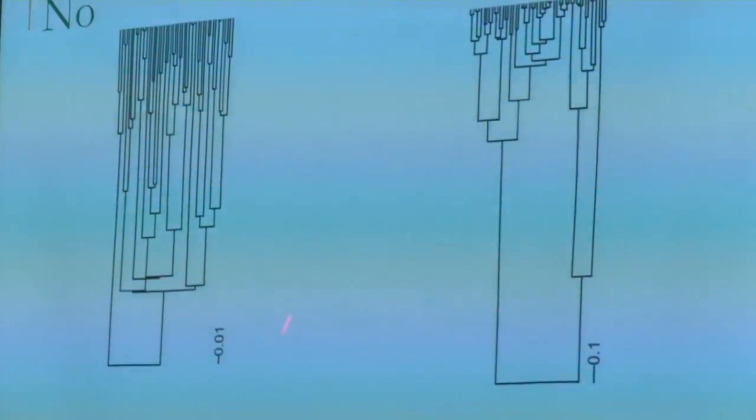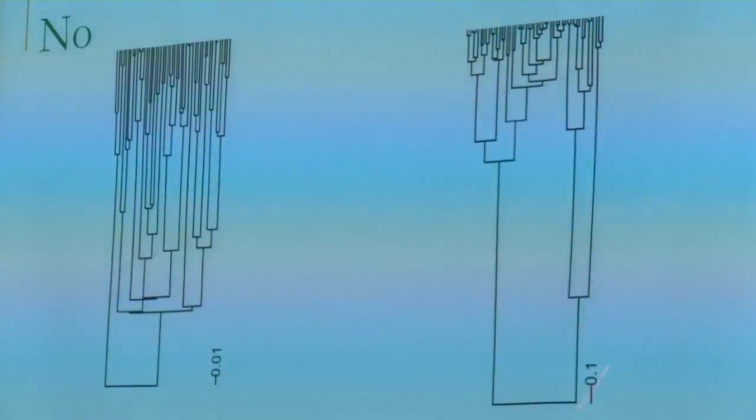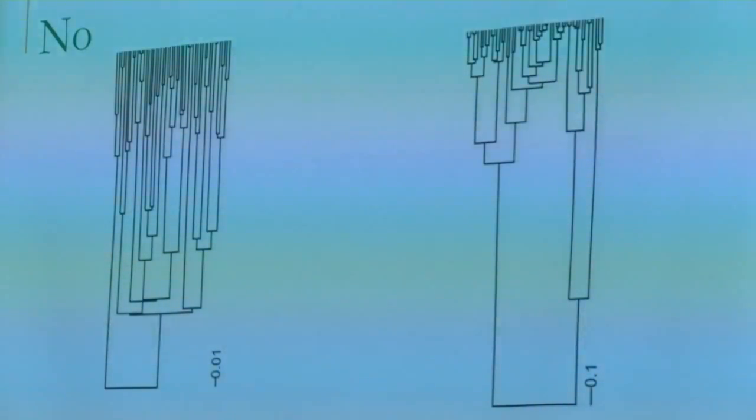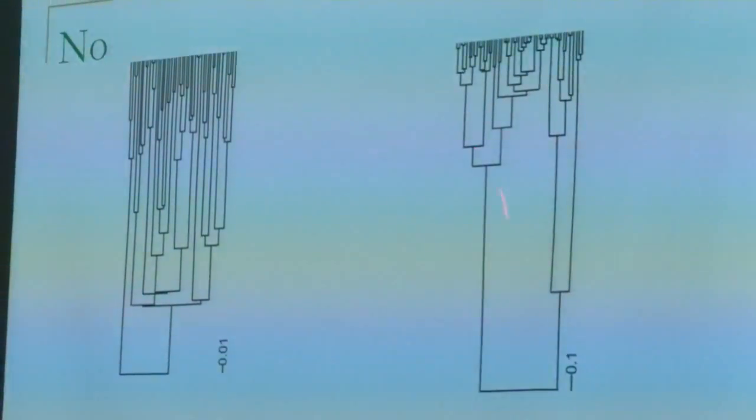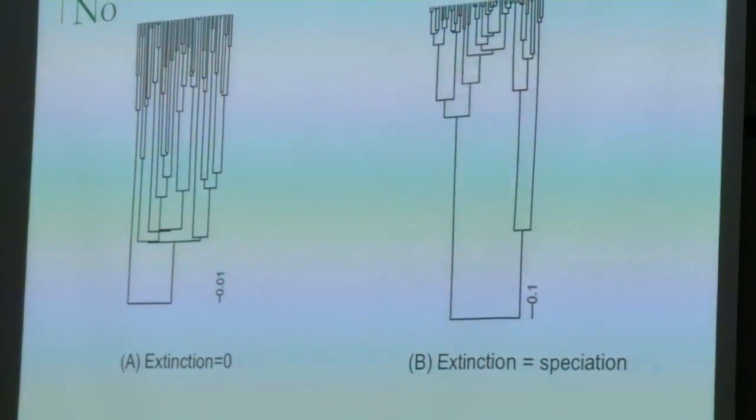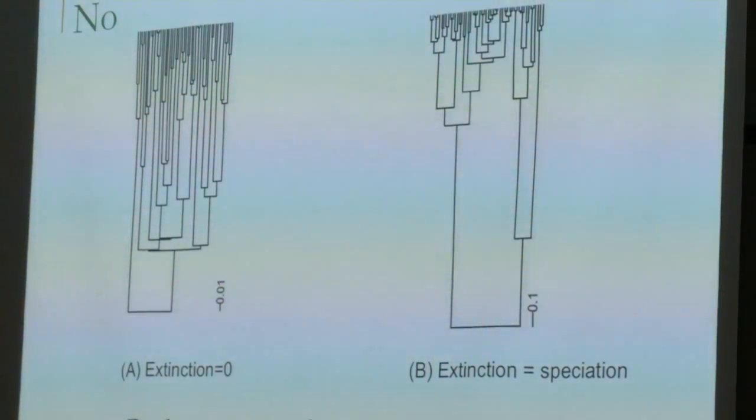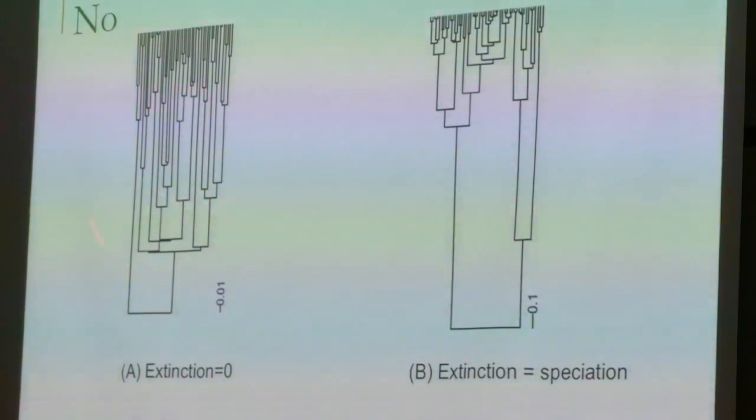Trees with no extinction look like this. Trees with extinction equal to speciation look very, very sort of thin at the top, very, very short branches at the top and big long ones down near the bottom. Now it turns out that real biological trees look way more like this than like this, which is a bit of a paradox because we all know speciation is almost as prevalent as extinction.